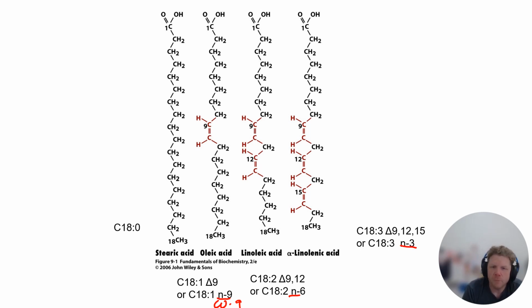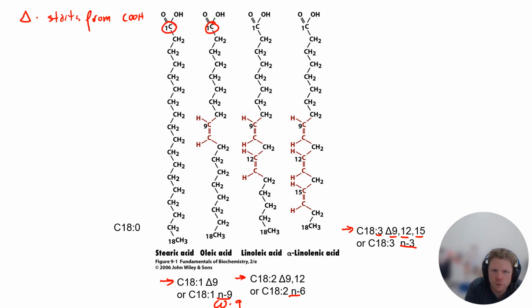Now, I'm going to start out with a commentary on the delta numbering scheme. The delta numbering scheme, if you look at those, delta 9, delta 9, 12, and delta 9, 12, and 15, is telling us exactly where those double bonds begin. The delta numbering scheme starts from the COOH, so it starts right here.